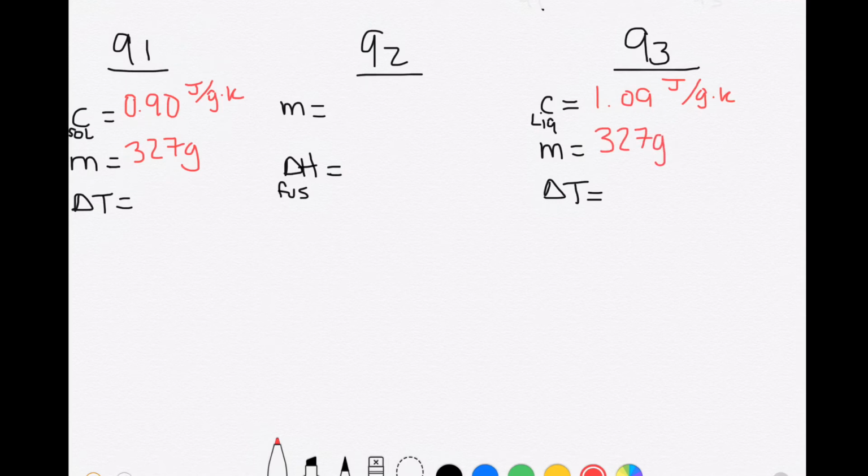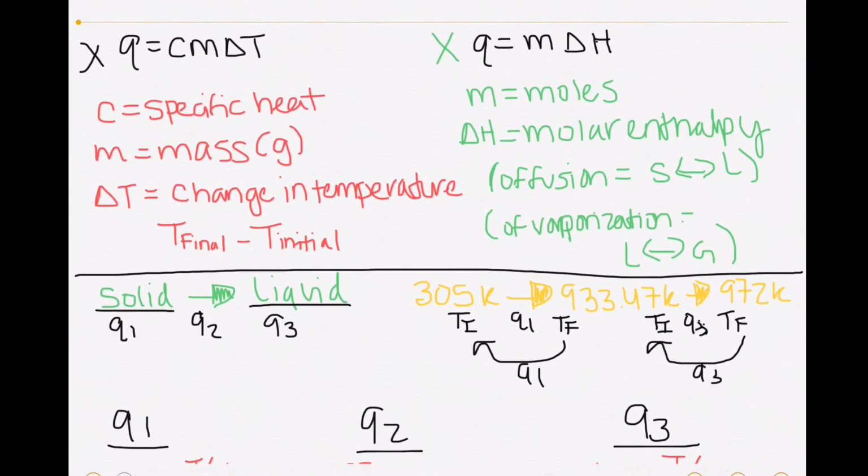Now I'm going to also enter it right here, but that's not going to be what I actually end up using to solve, because remember I said that the M in your Q2 equation, in your even Q's, needs to be converted into moles.